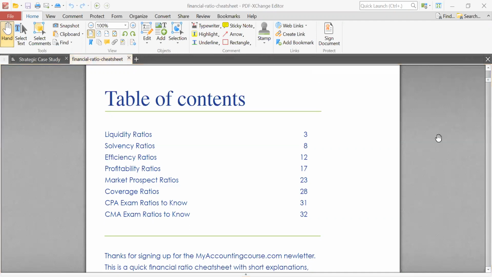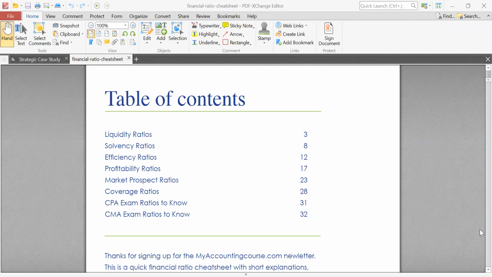Okay, so there are all kinds of ratios. Ratios are usually used to assess the financial performance and understand the financial context of a business.